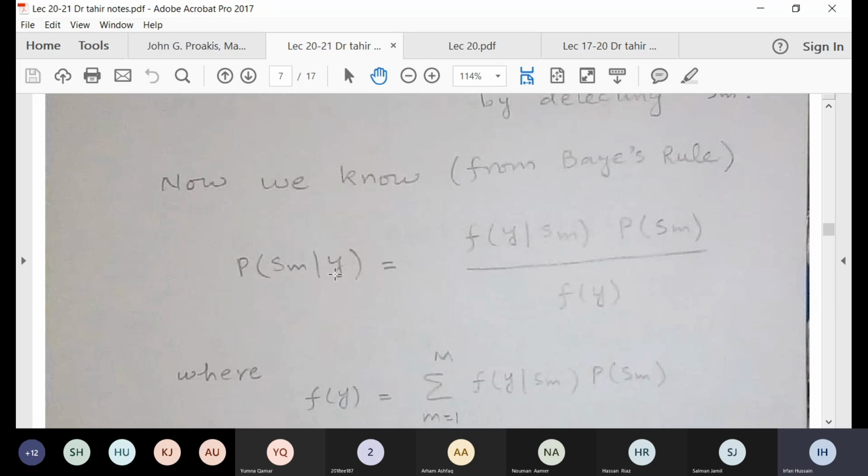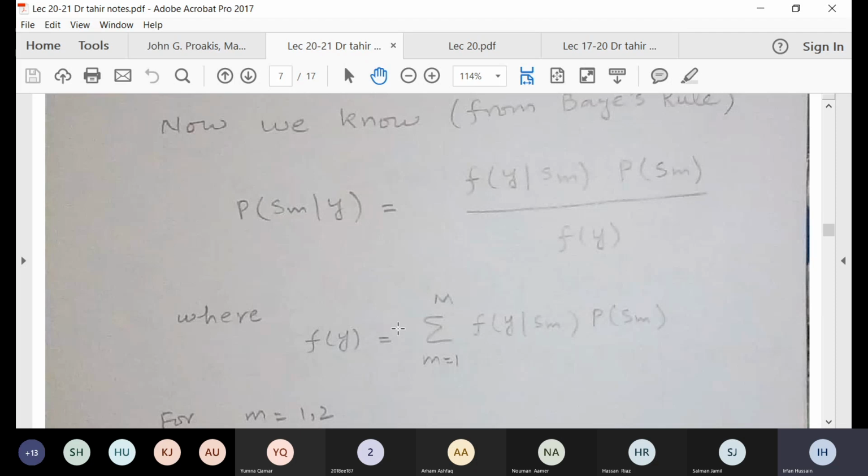The probability of Sm and Y can be written as the probability of Y given Sm into the probability of Sm. You can also see this from the book. This is the very famous Bayes rule.